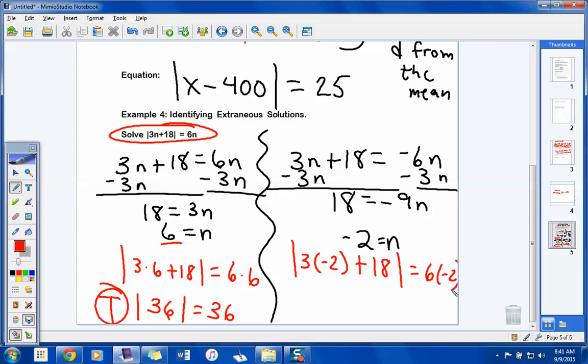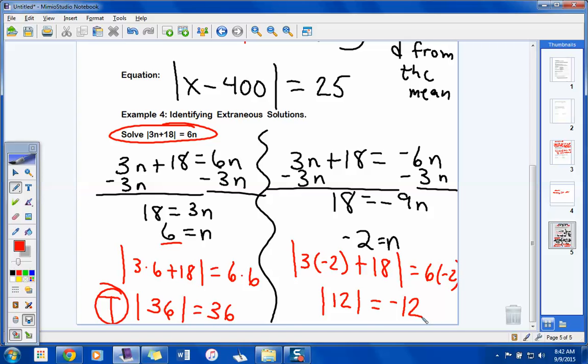Help me out. 3 times negative 2. Negative 6. So negative 6 from 18. So this is the absolute value of what, guys? Let me get on the right side. 6 times negative 2. Negative 12, right?